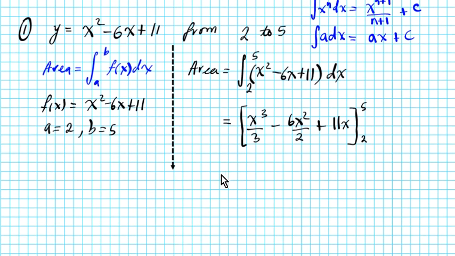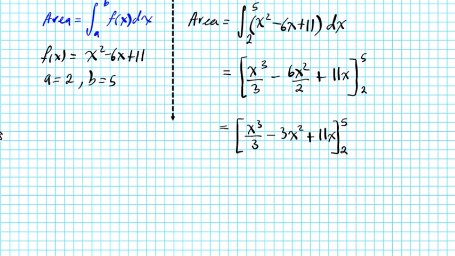So we simplify, we're going to have x to the third over 3 minus 3x squared plus 11x evaluated from 2 to 5. Alright, let's go ahead and plug in the upper limit.